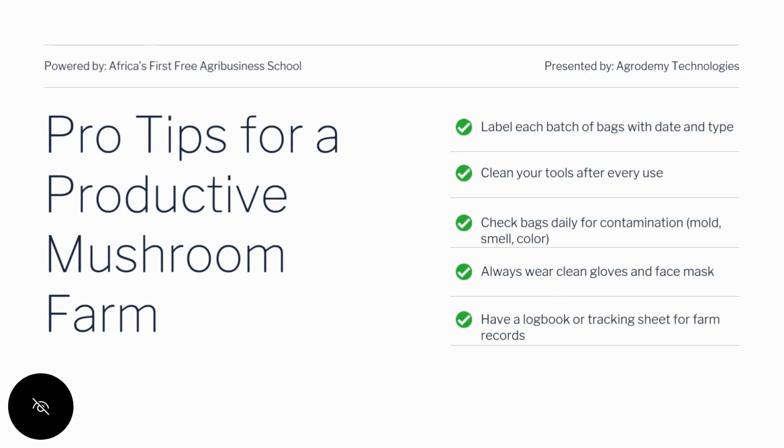And let's talk about pro tips that can help you be productive in your mushroom farm that you need to watch out for. So label each bag with the date and the type of mushroom that is inside. Clean your tools after every use, and make sure you check your bags daily for contamination.